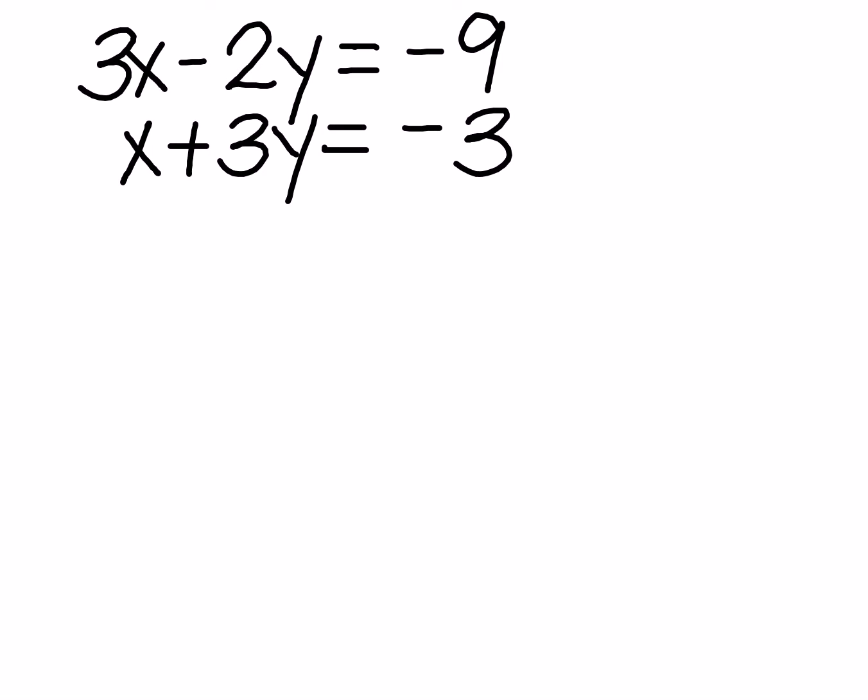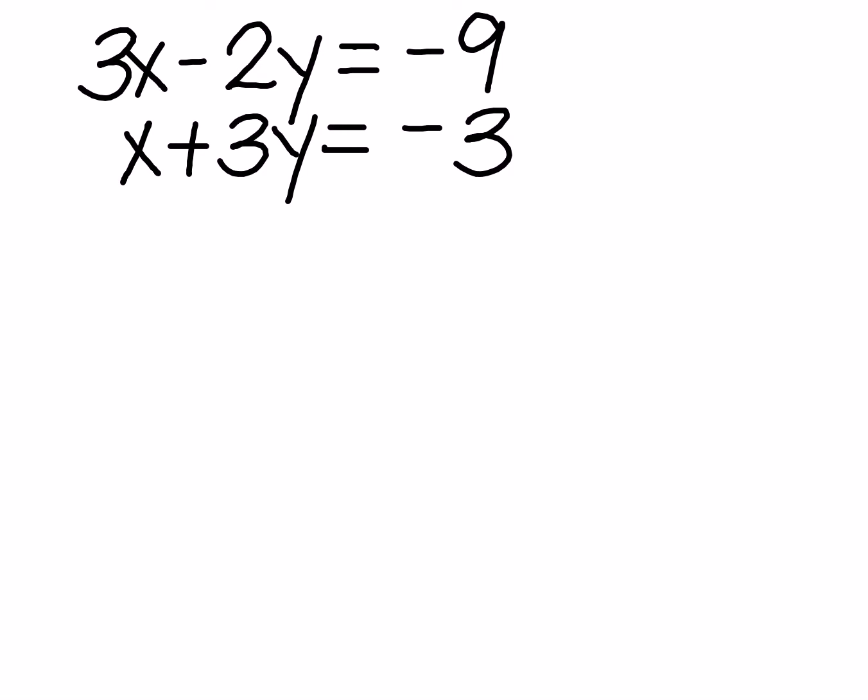So right here, it doesn't matter which one I get rid of. I can get rid of x or y, but I need the number and the variable to be the same, but their signs need to be different. So I need to multiply by something to either cancel out the x's, or I need to multiply by something to either cancel out the y's.